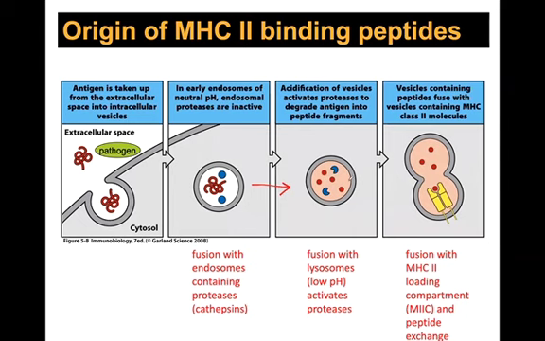Now, the next step is that these cut up peptides in the endocytic pathway are going to fuse with the specialized exosomes containing MHC2. This is called the MHC2 loading compartment, or the MIIC. That was discovered by Jerry Boss at Emory in the late 90s. And what happens then is that there is loading of the peptide onto MHC2.